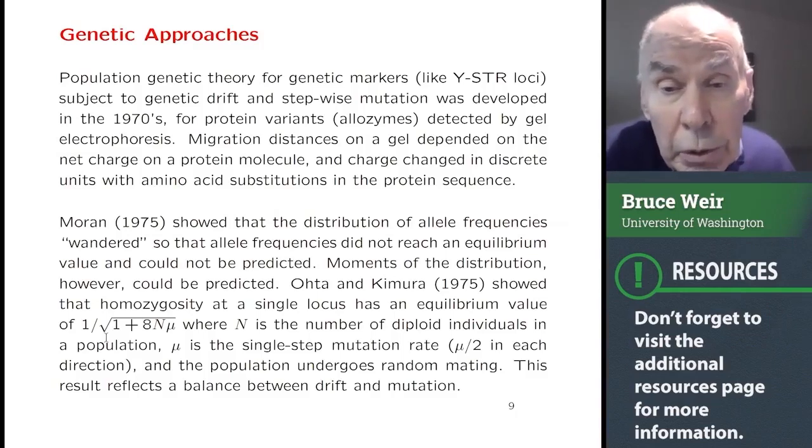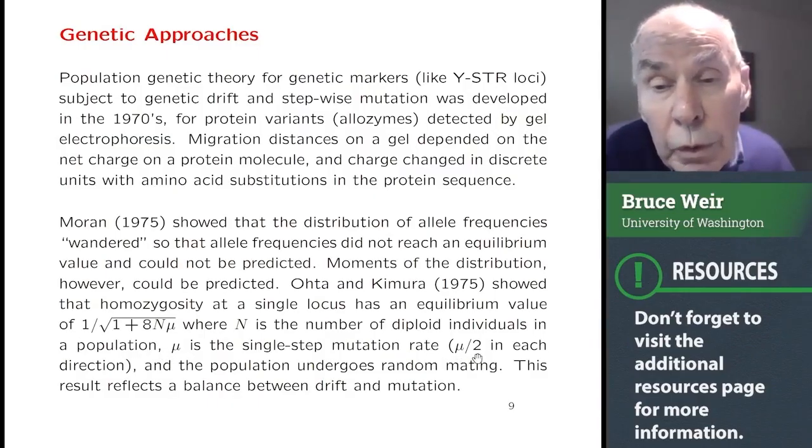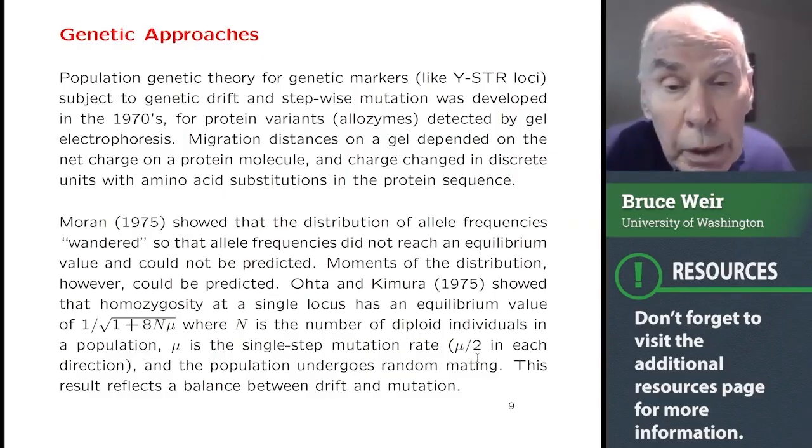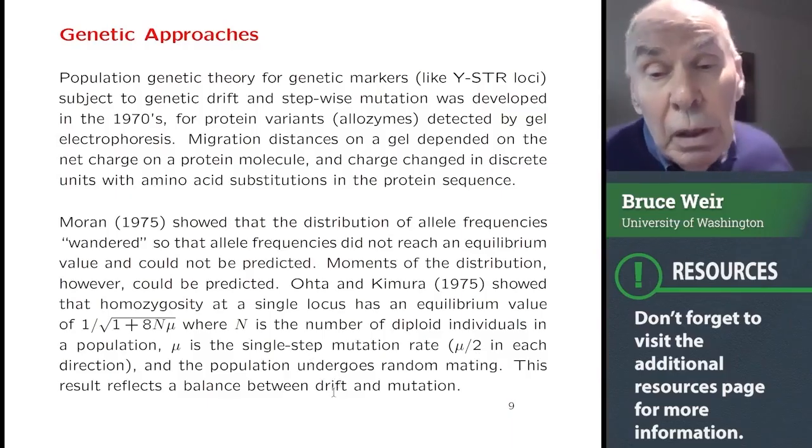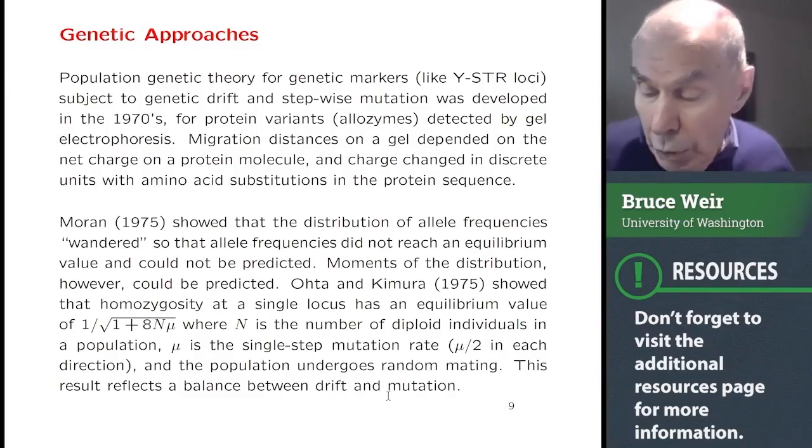They call it homozygosity. It uses the mutation rate, and they looked at single-step mutations, so equal rates μ/2 in the plus or minus direction. The population was undergoing random mating, so it's an equilibrium or a balance between loss of variation by drift and increase of variation by mutation.